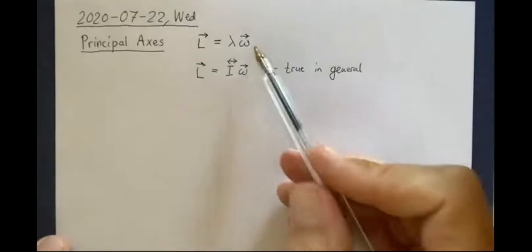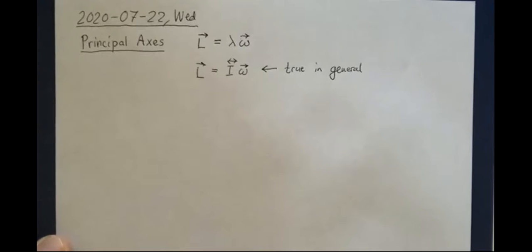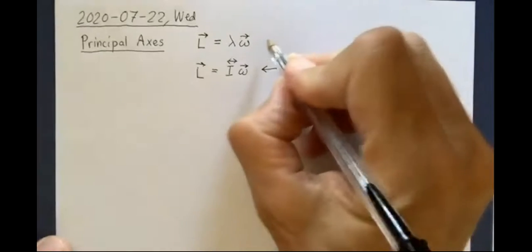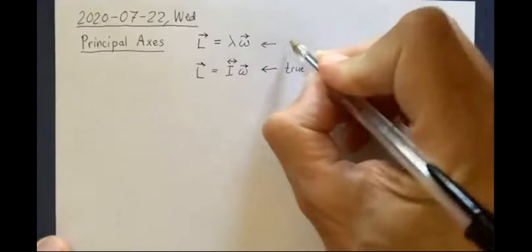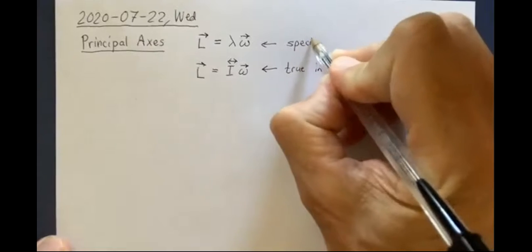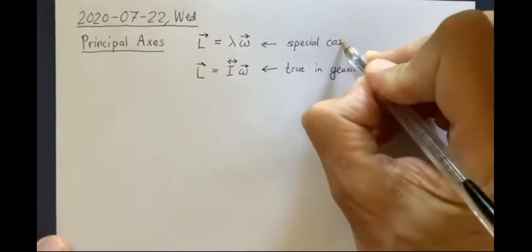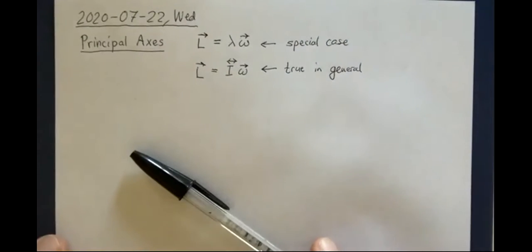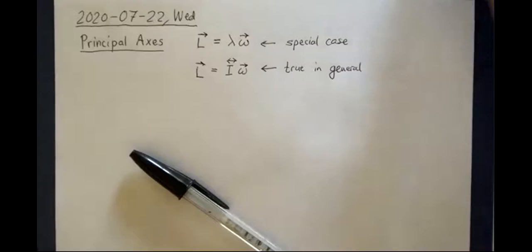And the first equation, this is a very special state of affairs. It's a very special case that the angular momentum points in the same direction as the omega vector. Let's take a moment to gain a little bit of familiarity. This is somewhat mysterious, right? So let's talk about this.